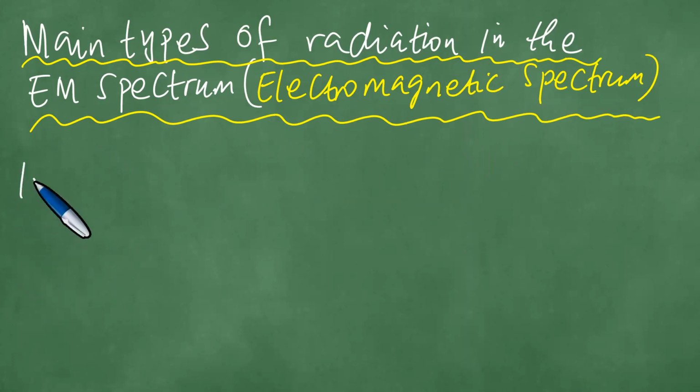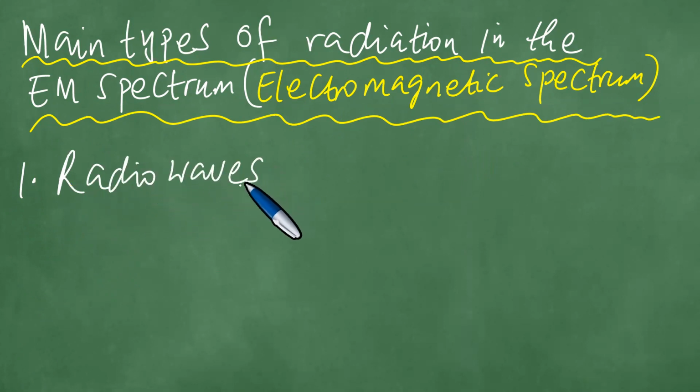Number one, radio waves. There are several types of radiation in the EM spectrum. Radio waves are among those.